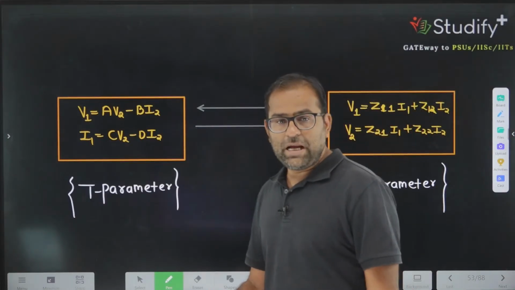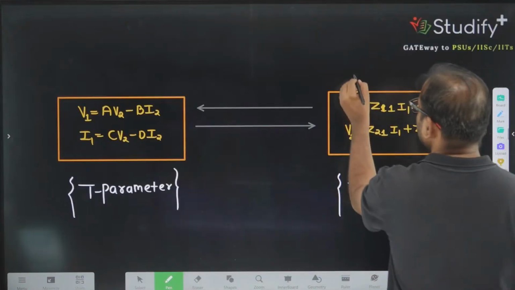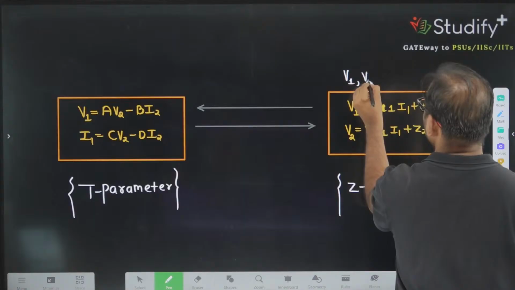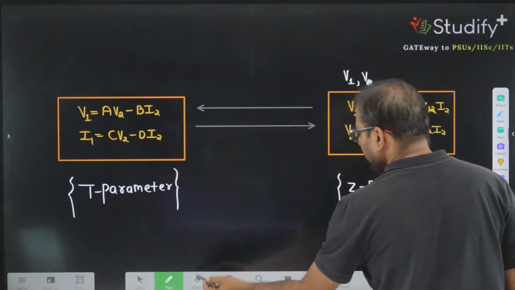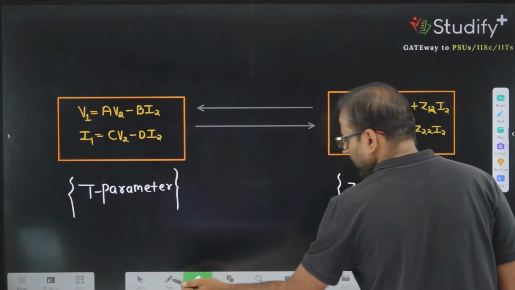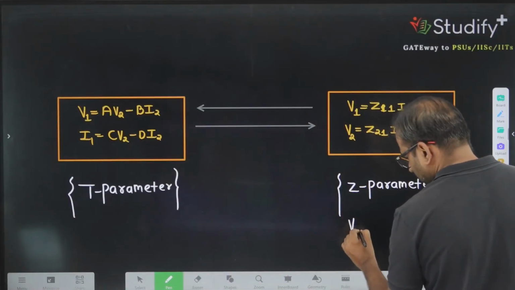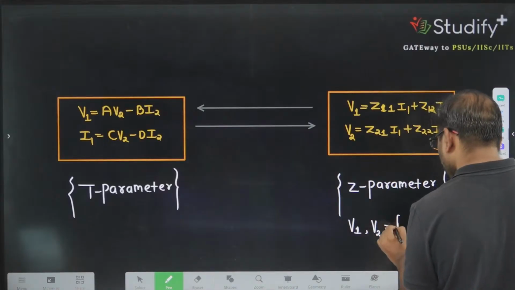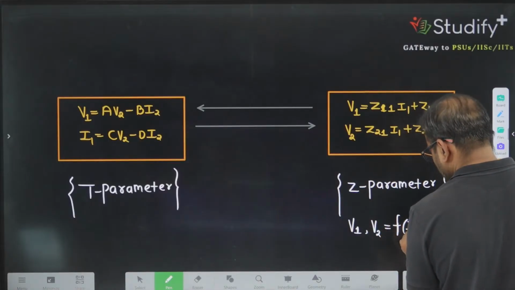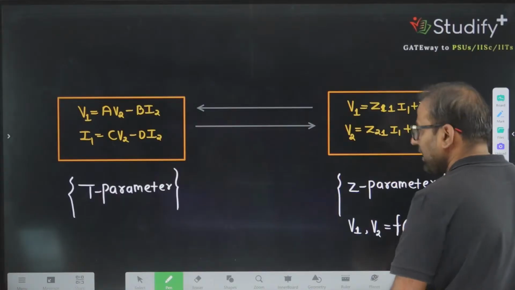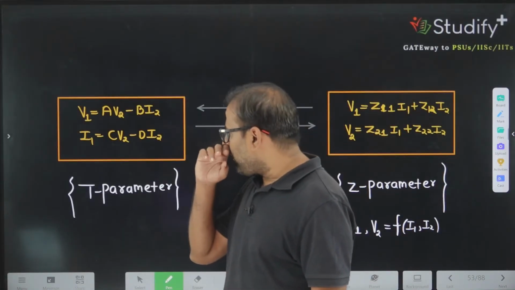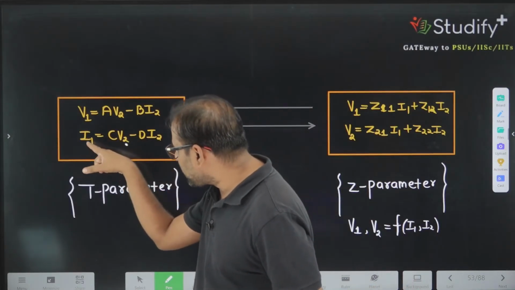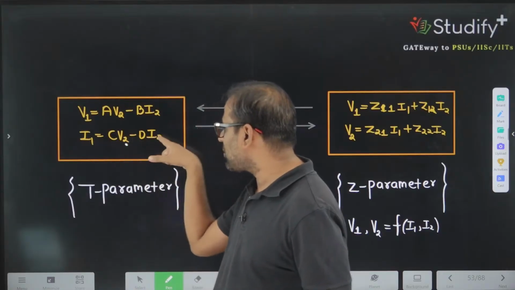In the Z parameter we can say V1 and V2 both can be represented as a linear combination of I1 and I2. And here also we can do the same thing. When I go to the second equation, V2 can be represented as a linear combination of I1 and I2.